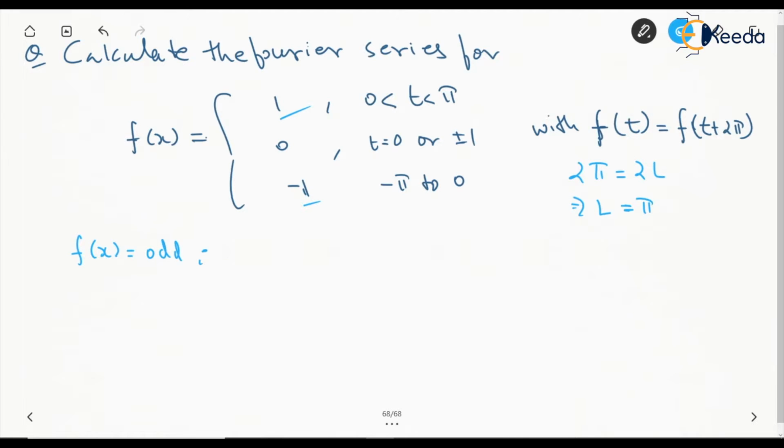Once f of x is odd, a0 will be 0, and we will not get any coefficient for an, that is an is also 0. So what we have to do is directly find bn.